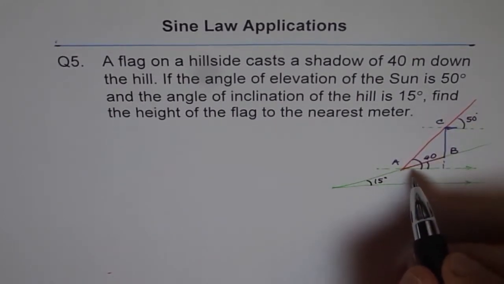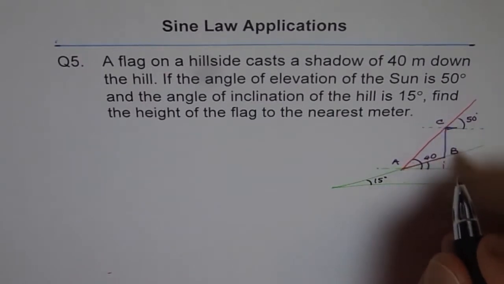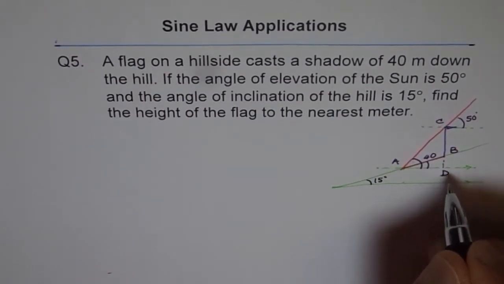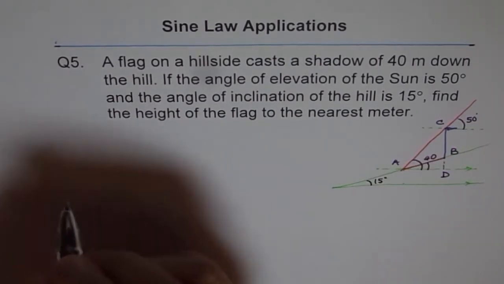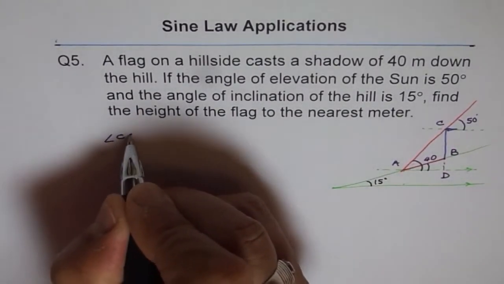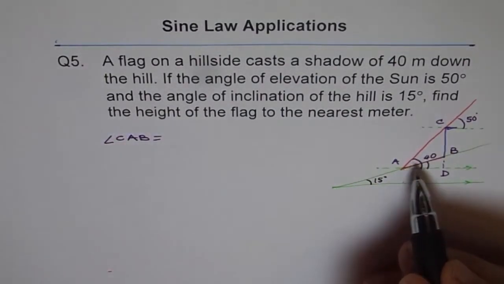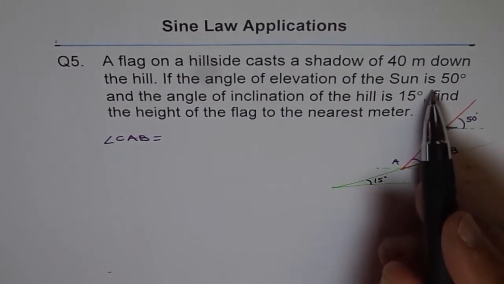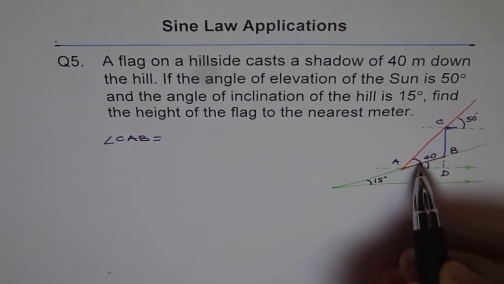Now, this angle is known to us. So what is this angle? Let me write point D here first. So this angle is angle CAB. Angle CAB is 50 minus 15. 50 is the total angle, and the inclination of 15 will be taken away.